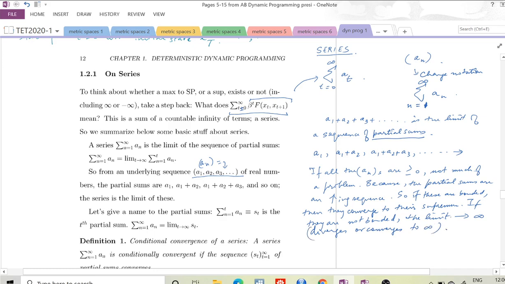Other than that, there is no problem. So if we say that convergence includes convergence to infinity, and our series has only non-negative terms, then it's always going to converge either to a real number or to infinity. Okay, that's not that much of a problem.